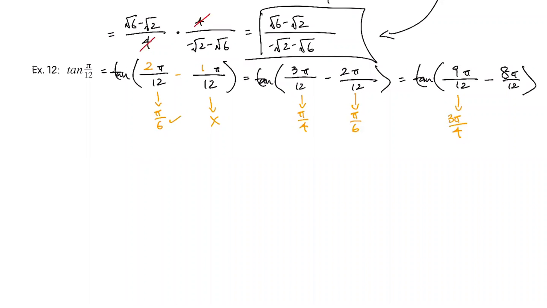Well, that's good. That's on our unit circle. And 8 pi over 12 reduces to 2 pi over 3, which is also on your unit circle. Okay, so I would say that you could work with either one of these. All right, either one of these pairs would work.